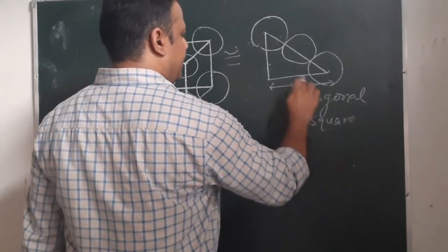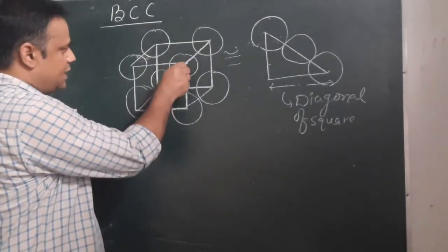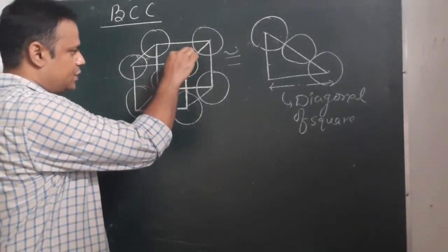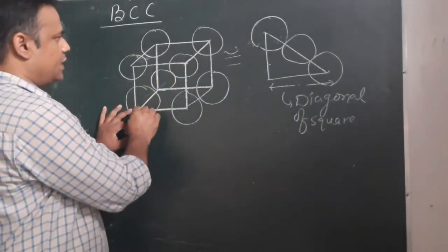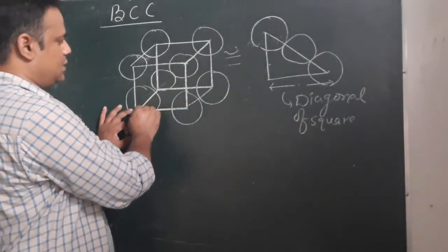This will not be a, and that you can understand from this 3-dimensional structure. If we see from this point to this point, then we have to take this length.